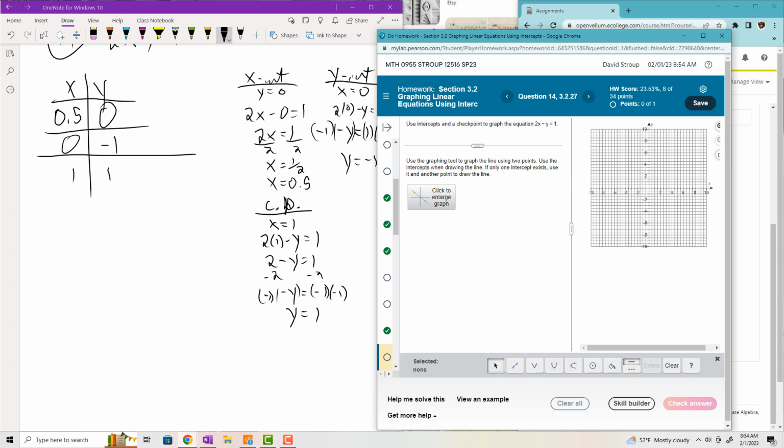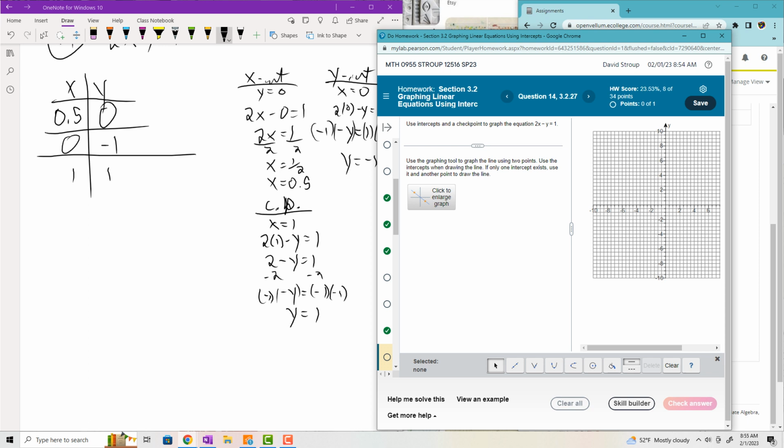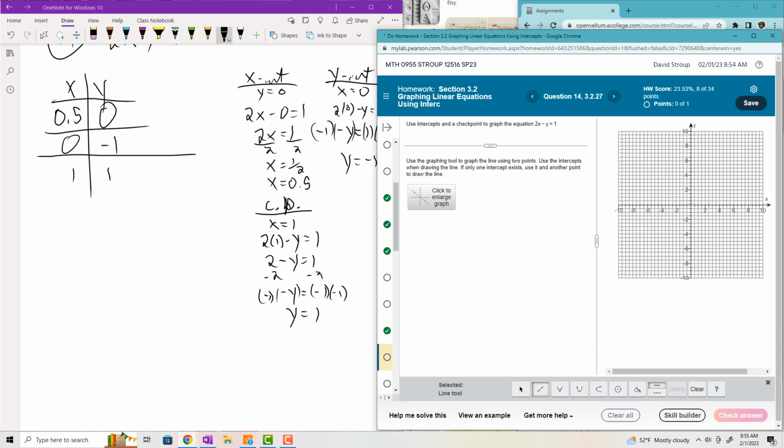Anyways, I'm going to need to enlarge this a little bit. And we go to our tool. And I have 0.5, 0 and then 0, negative 1. And then 1, 1 better be on that line, right? So you could kind of find where 1, 1 is, and it looks like it's going to be on the line, so it works.